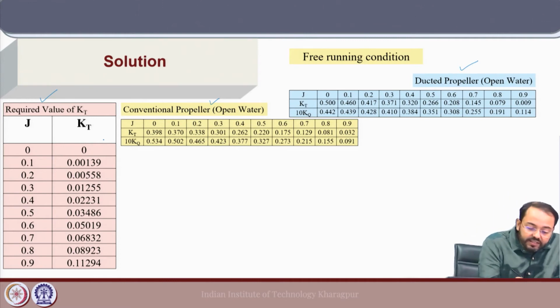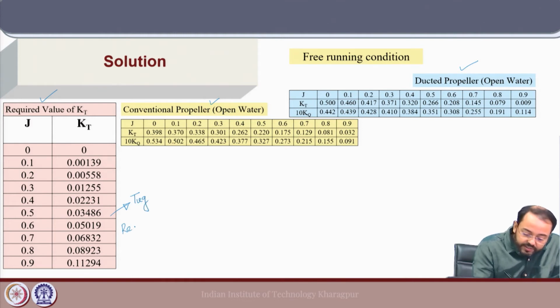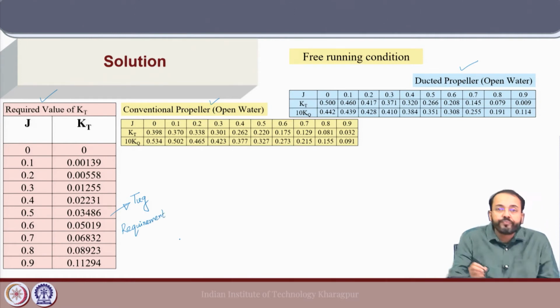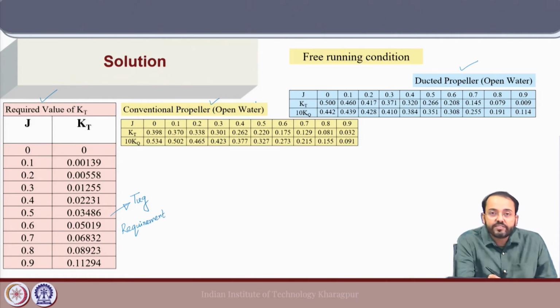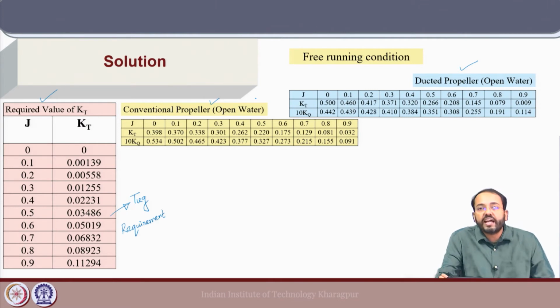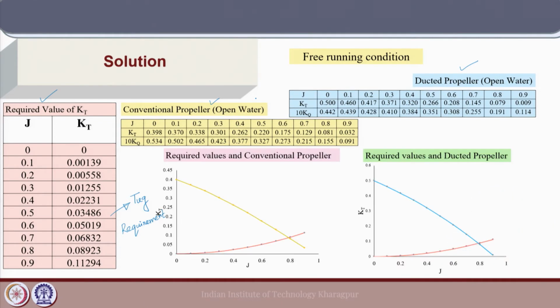So, this table gives the tug requirement. And next we have the open water diagrams for the conventional and ducted propellers shown in the two tables. So, let us look into the matching of these different curves.